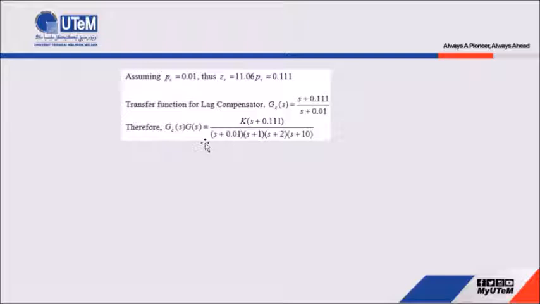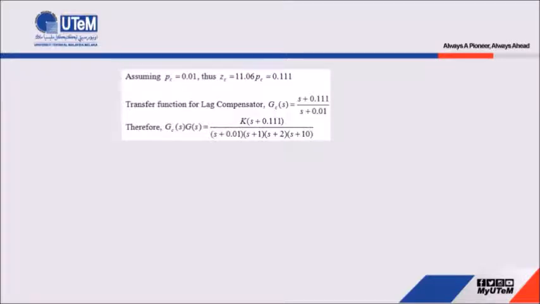Based on that, we can find the value for ZC and PC. In order to make sure we can improve the steady state error, we have to put the value for PC close to the origin. In this case, I choose 0.01. This is up to you. If you want to choose 0.02, it is also fine. If you want to choose 0.002, it is also fine, as long as PC is close to the origin.